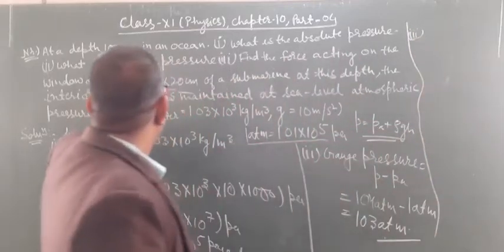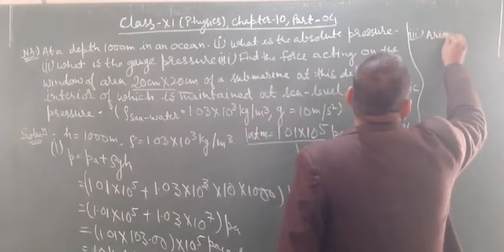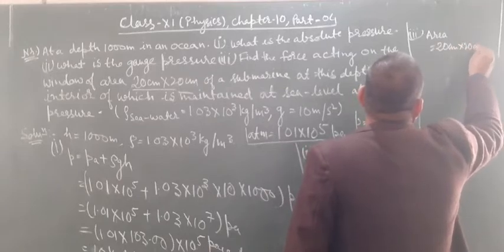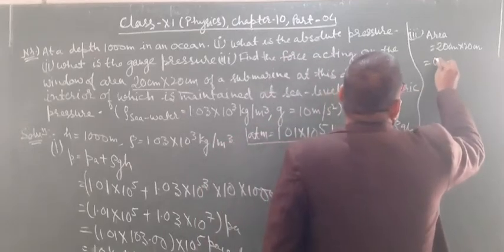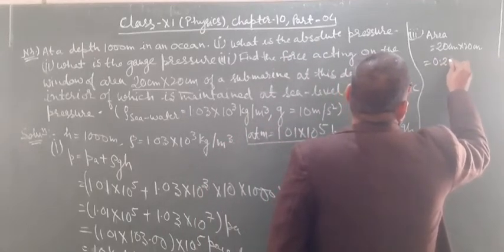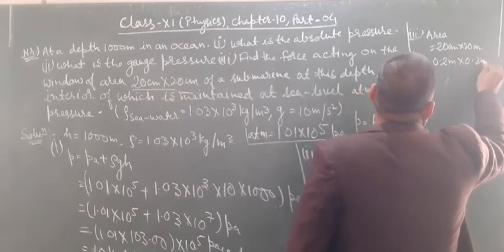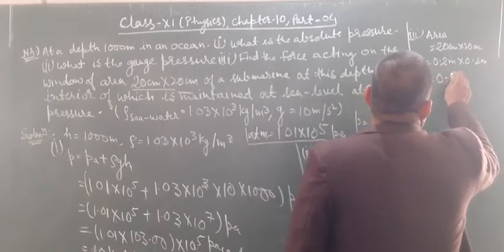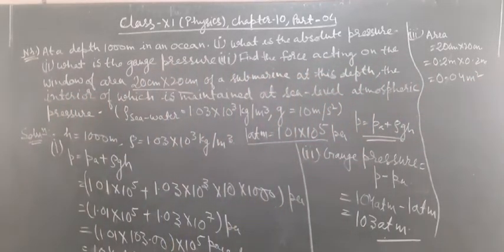The area of the window is given: area is equal to 20 centimeter into 20 centimeter, and you can write it as 0.2 meter into 0.2 meter, and this is equal to 0.04 meter square. So area is equal to 0.04 meter square.